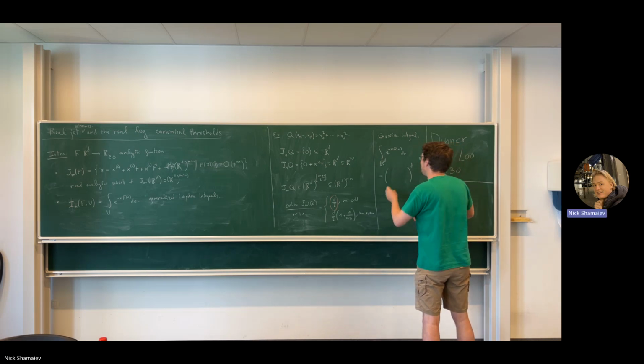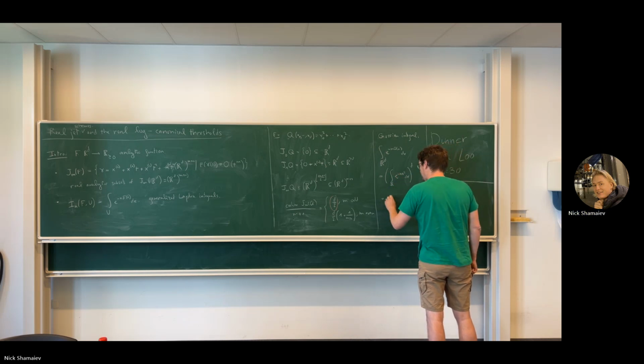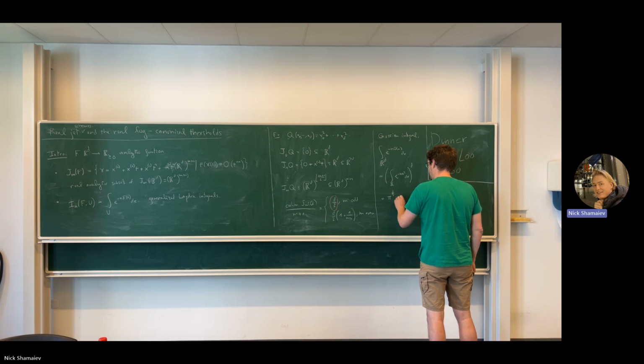I want to keep my notation consistent: the n is this n, and the d is the dimension. So it's just the same thing with R, and so this is just π^{d/2} times n^{-d/2}.